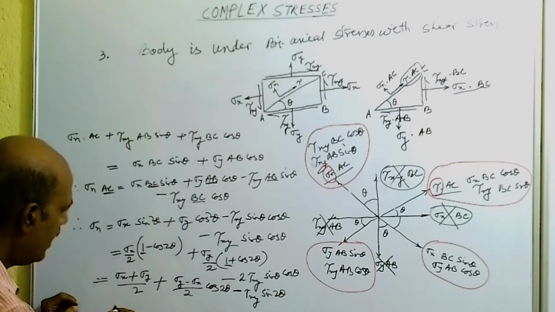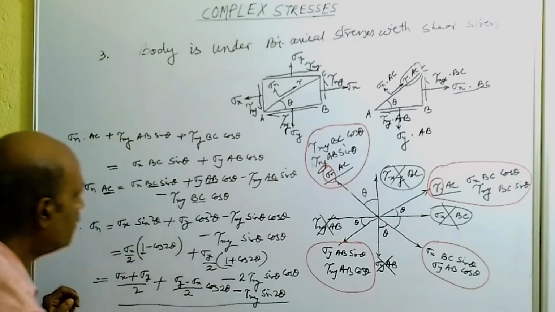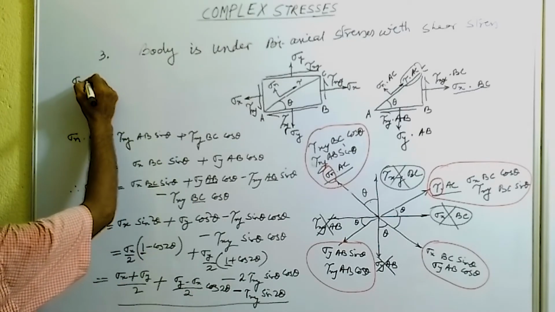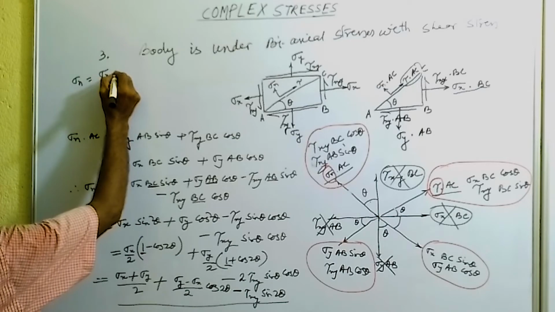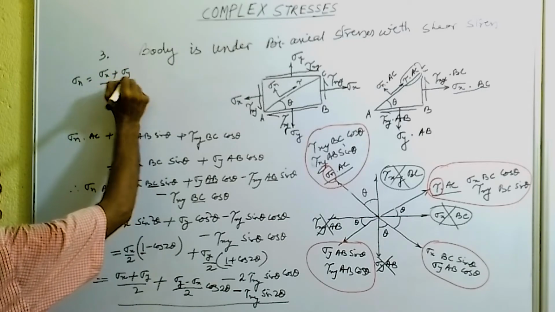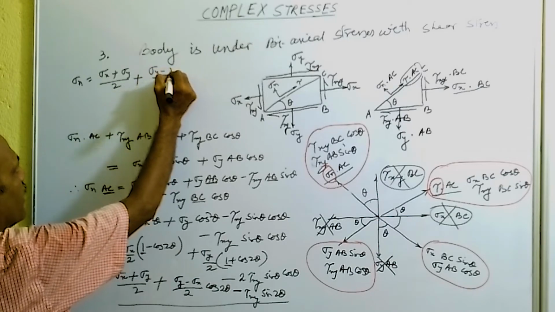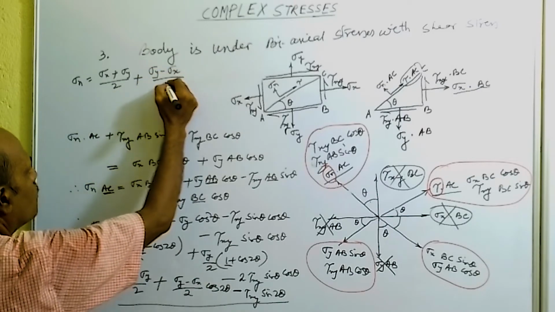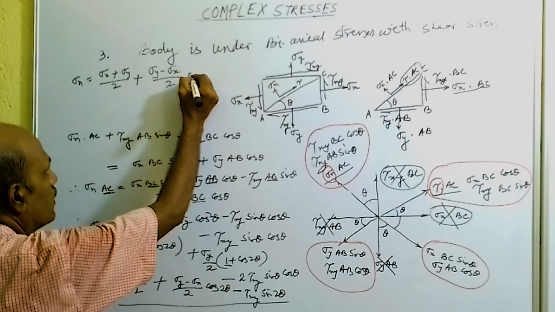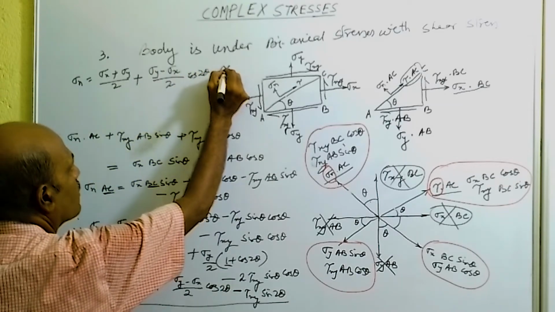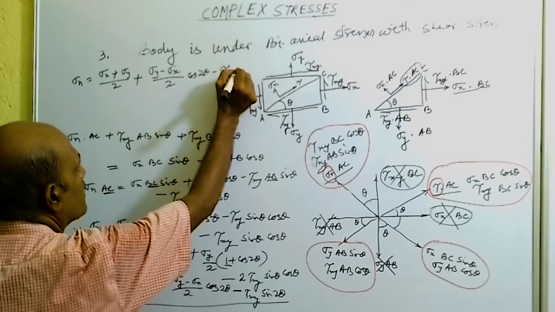This is the standard form of the sigma n value. So I am writing here: sigma n is equal to (sigma x plus sigma y) by 2 plus (sigma y minus sigma x) by 2 cos 2 theta minus tau xy sin 2 theta.